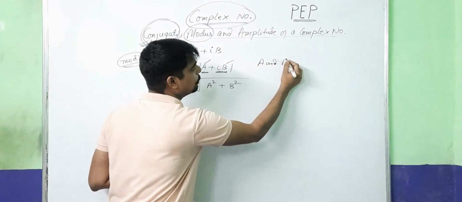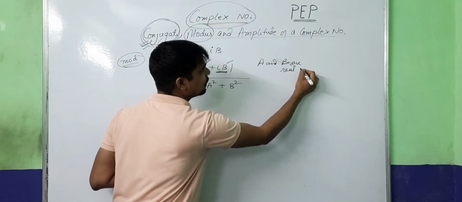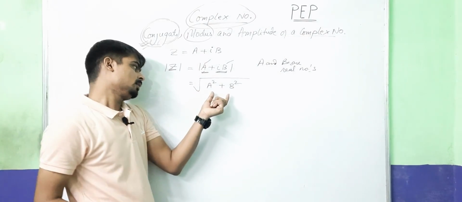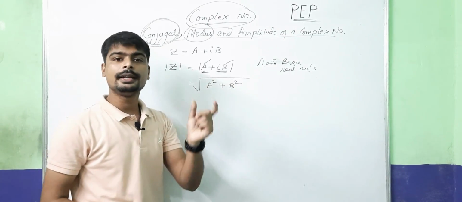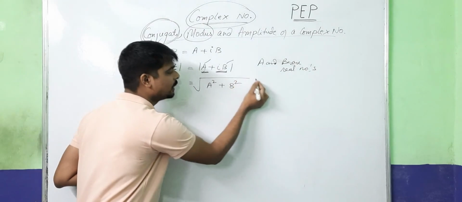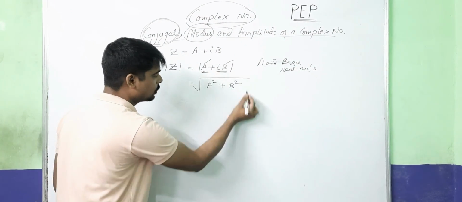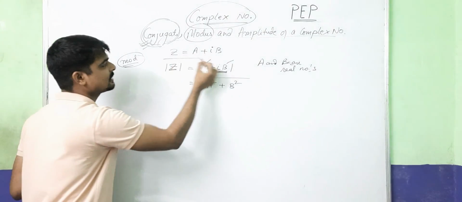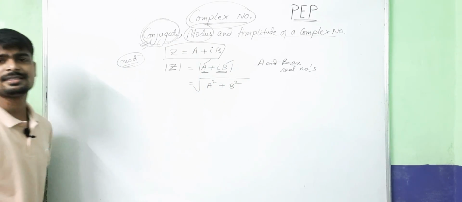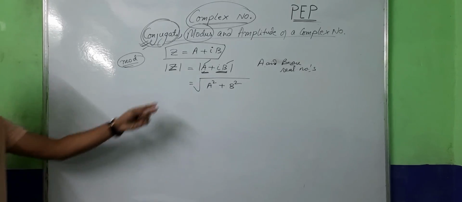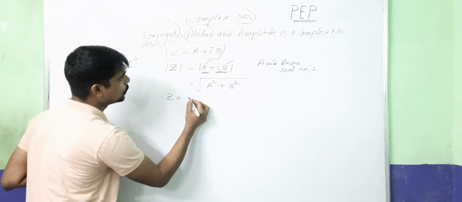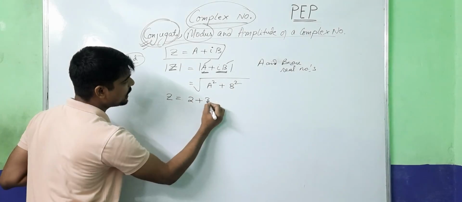So we take the sum of the squares of the real numbers a and b, and provide a root over that. This calculation will give you the modulus of the complex number z is equal to a plus ib. This is the formula. If we take the example, z is equal to 2 plus 3i.